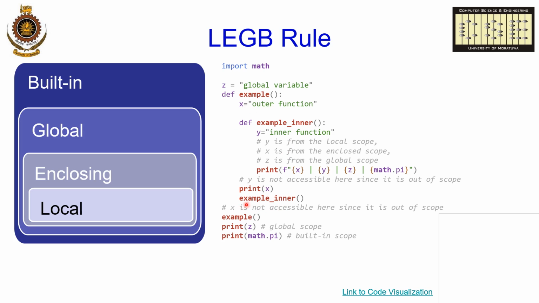And x is not available anymore once you step outside the example function because x is defined locally for the example function. However, z and math.pi are available outside these two functions because z is a global variable and math.pi is a built-in variable.